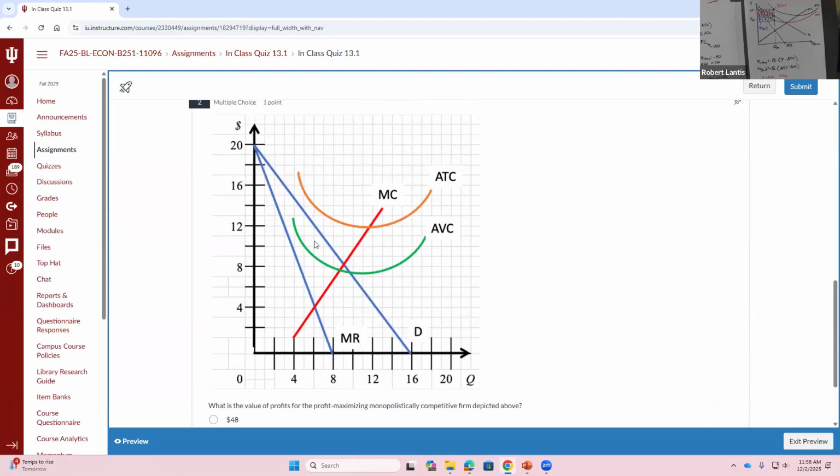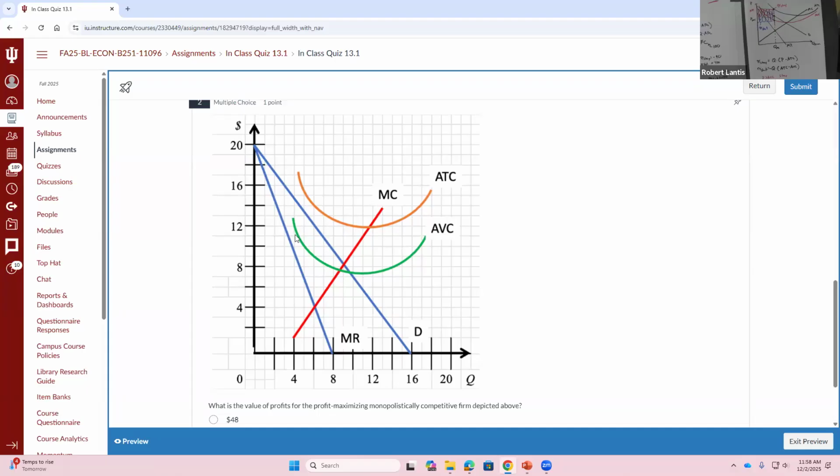How would I calculate profits? Well, am I going to stay open or shut down? That price of 12 is above average variable cost, so I'm going to stay open, right? What are my profits if I stay open? The quantity I'm producing times the difference between price and average total cost. So my price is 12, average total cost is 14. So that'd be 2 times 6.